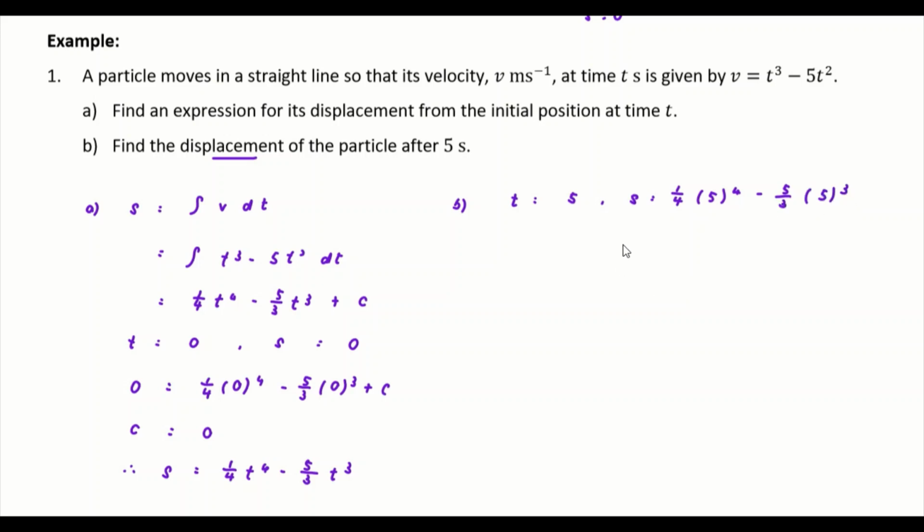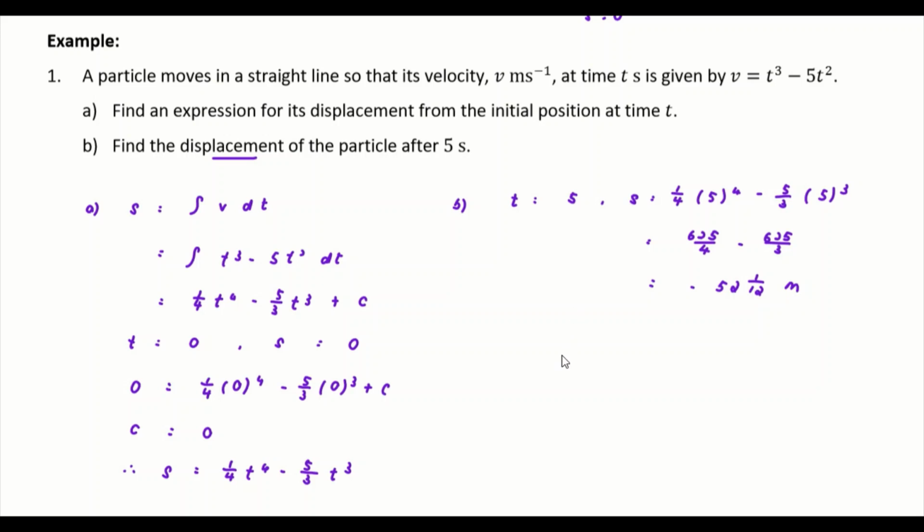All right, so from here I'll be able to get my answer 625 over 4 minus 625 over 3, and this will give me my last answer, negative 52 1 over 12, and this is in meters. All right, so this is obviously the easiest way to do it.